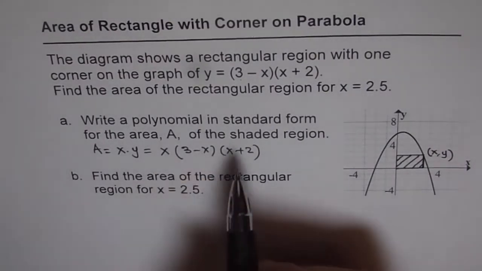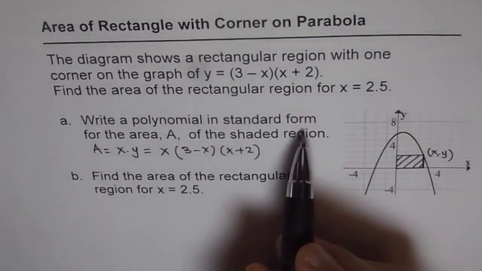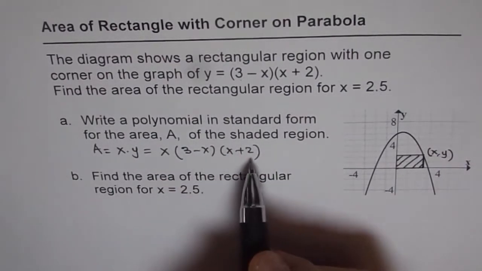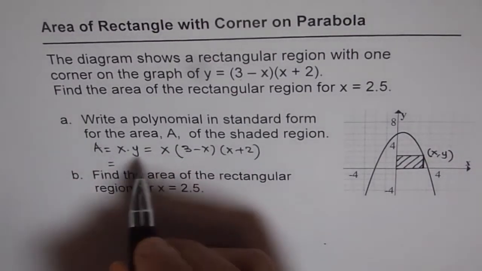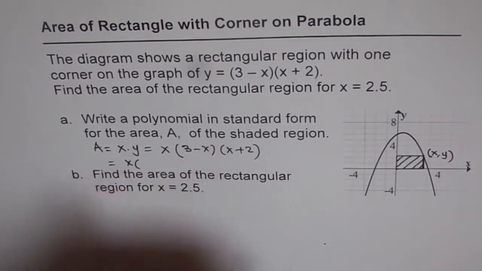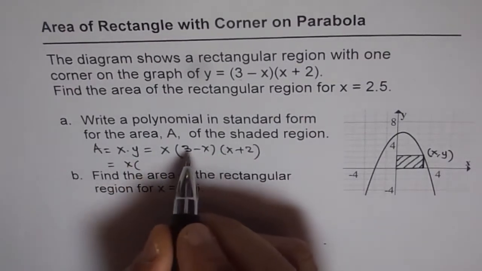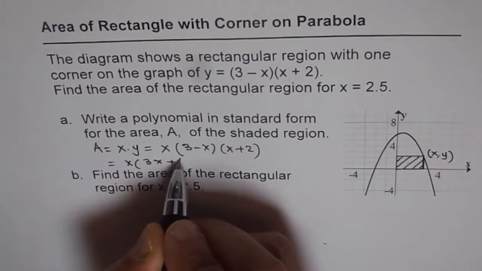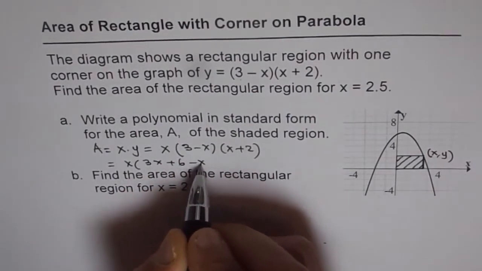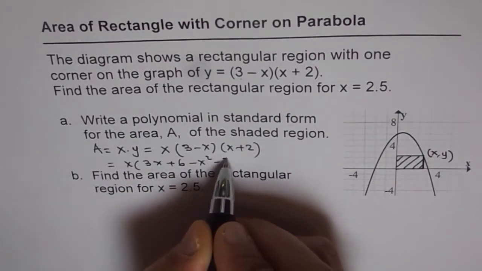Now since we have to write it in standard form, we can always expand and get our expression, right? So in this case, x times, let's multiply 3 by x and 3 by 2, distributive property. So we get 3x plus 6, and then minus x squared minus 2x.